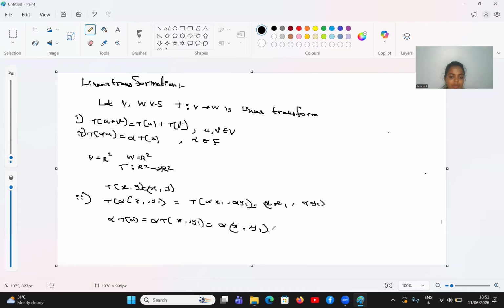Now I'm going to multiply alpha on both components, alpha x1 comma alpha y1. Finally, here also we are having right hand side equal to left hand side. That's why the map is linear. If both the conditions are satisfied, we can say that the map is a linear map.